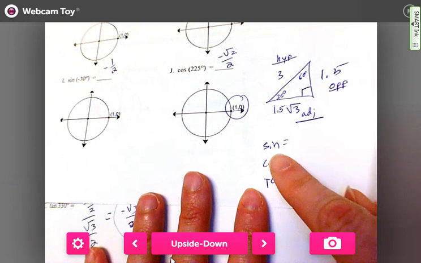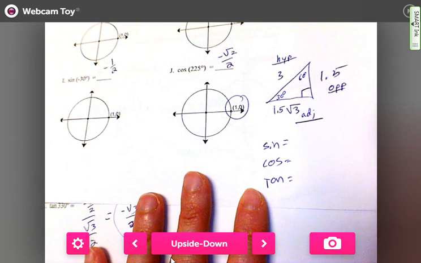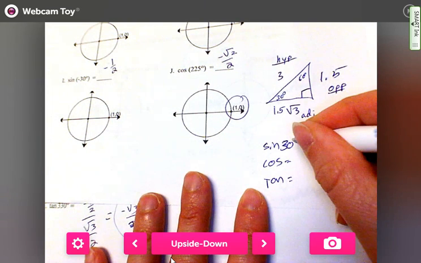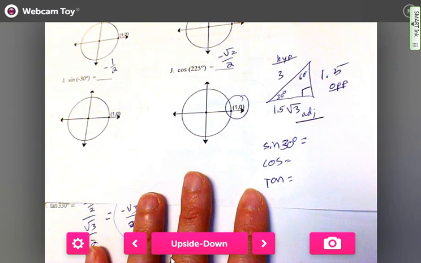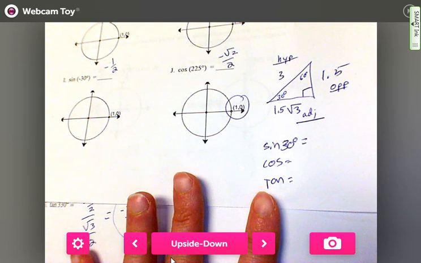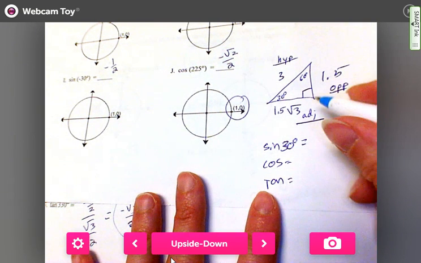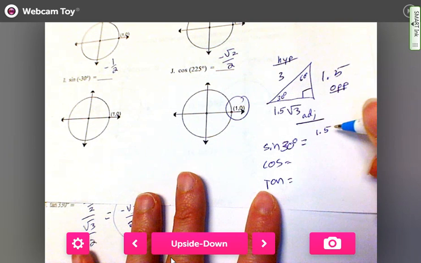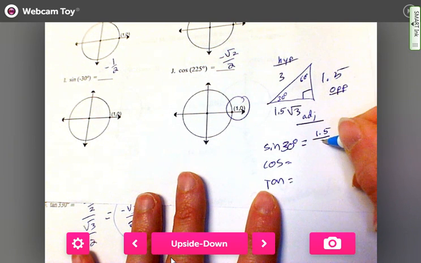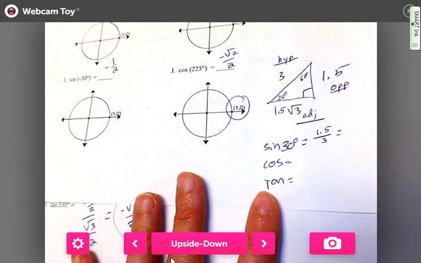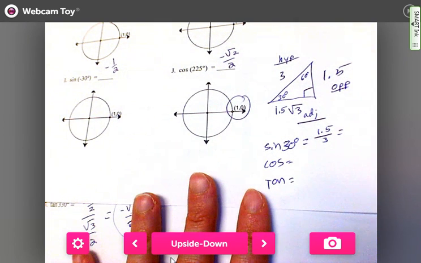What's the sine of 30 degrees? What's the opposite of 30? 1.5. What's the hypotenuse? 3. So that would give me 1.5 over 3, which is 1/2.